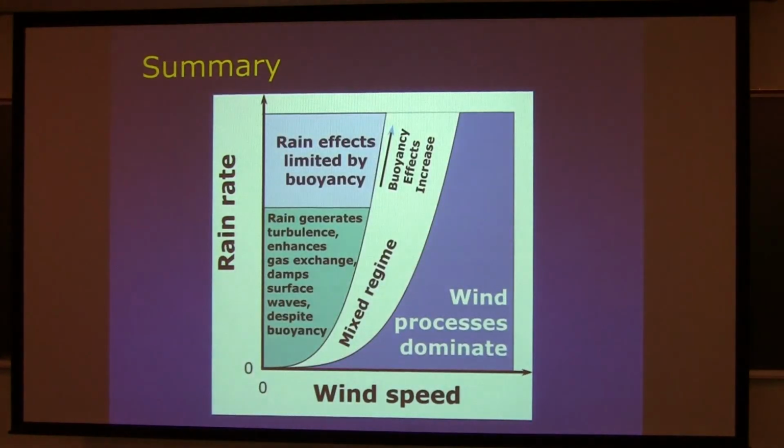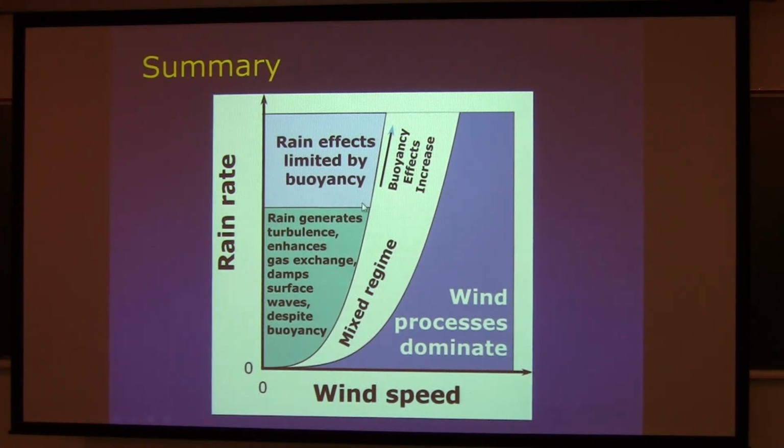And then to really summarize, to wrap this up, we had this phase diagram at the end of the gas flux. So the saltwater turbulence results indicate that this picture does change a bit. At low wind speeds and high rain rates, rain-generated turbulence enhances gas exchange and damps surface gravity waves, despite buoyancy.